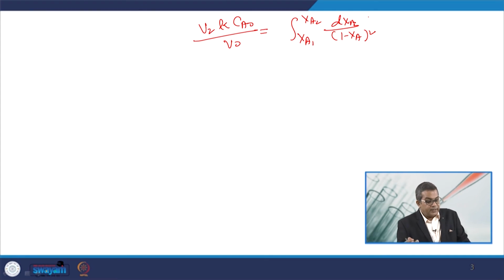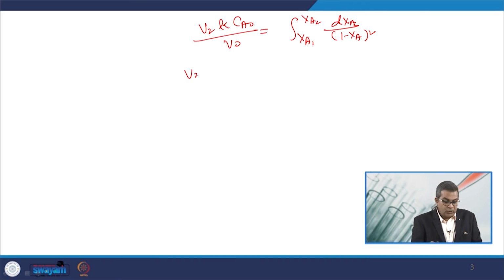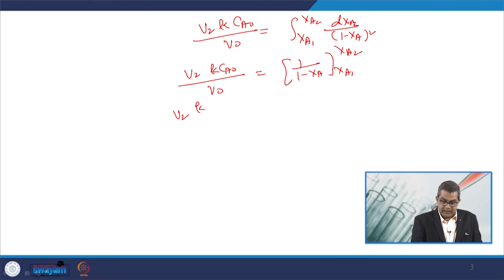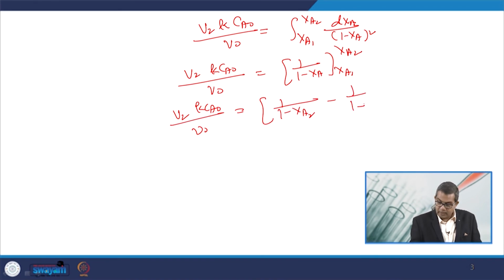Upon integrating, V2 K Ca naught upon V naught is equal to 1 upon 1 minus Xa2 minus 1 upon 1 minus Xa1.